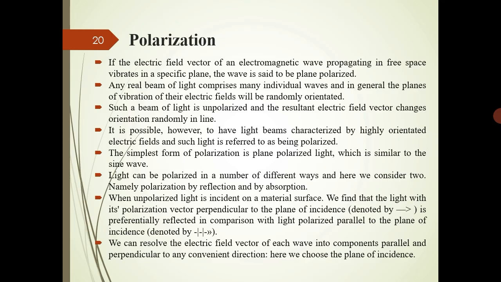When unpolarized light is incident on a metal surface, the light with its polarization vector perpendicular to the plane of incidence is preferably reflected, in comparison with light polarized parallel to the plane of incidence.